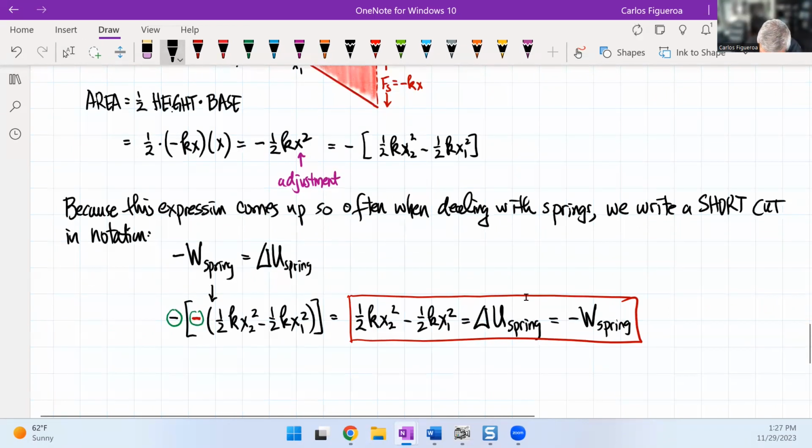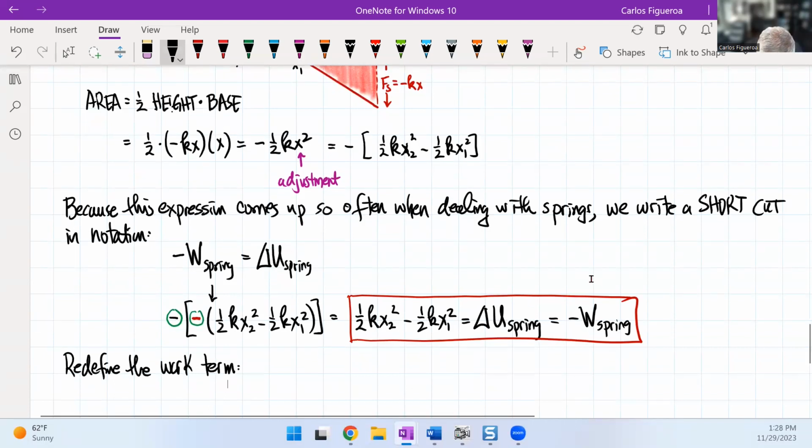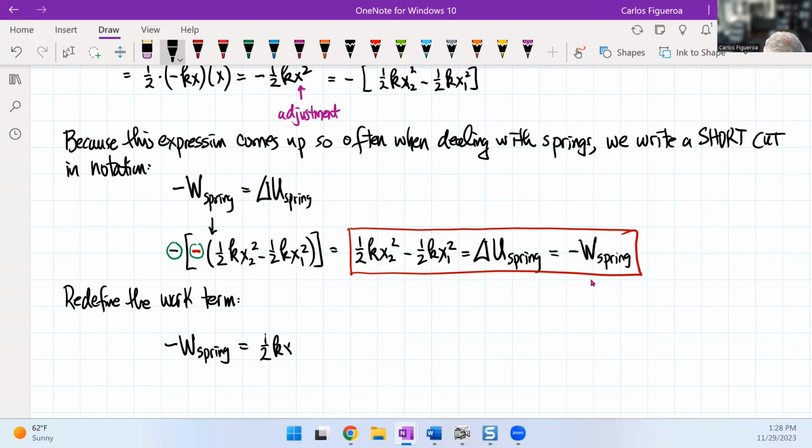So when I look at this, we redefine the work term. We say that this negative work of the spring, which is equal to 1/2 kx2 squared minus 1/2 kx1 squared, we define as u2 minus u1, which is the change in the spring potential energy.